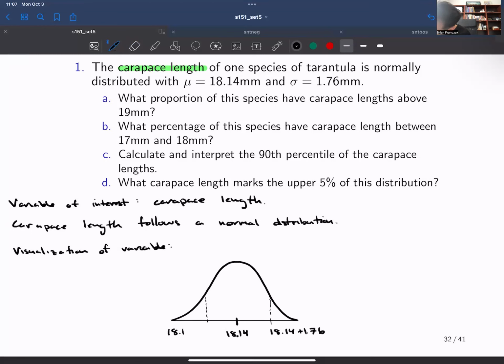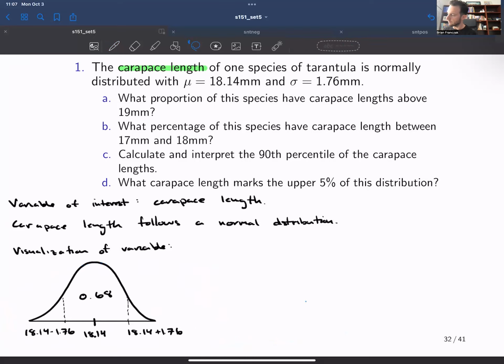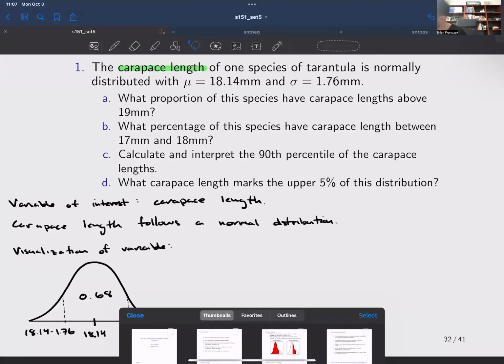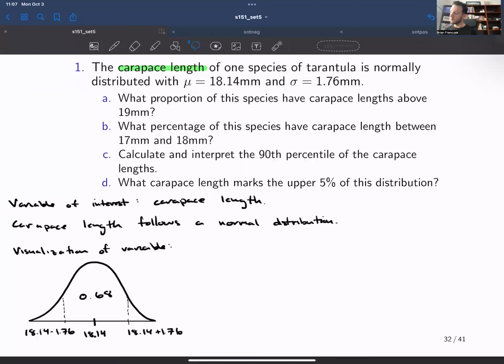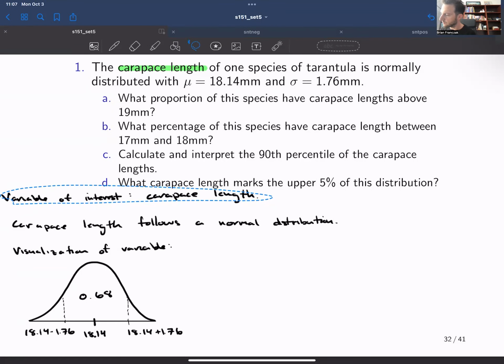And here we're going to have 18.14 minus 1.76. All right. And then from the empirical rule, we know that this area here is about 68% of the area underneath the curve. Okay, so this is a size of 0.68. All right, so that's just a bit of background, just to understand what we're working with in the context of these problems.